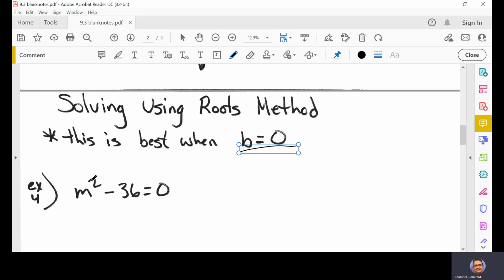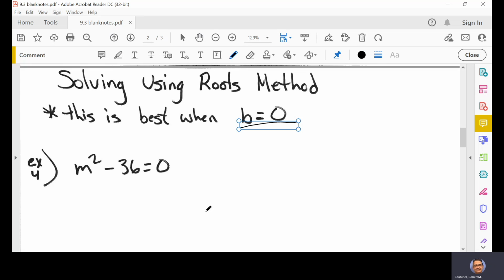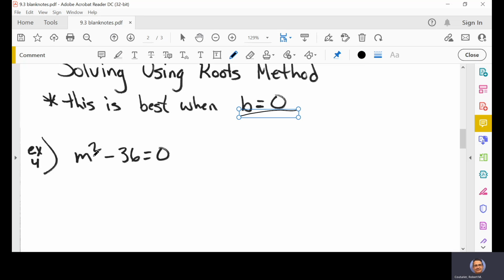A is 1, b is 0, c is -36. This method is the best and fastest way to solve. I'd also sometimes look and see if I could have factored this special case. Let's just see if we get the same answer.